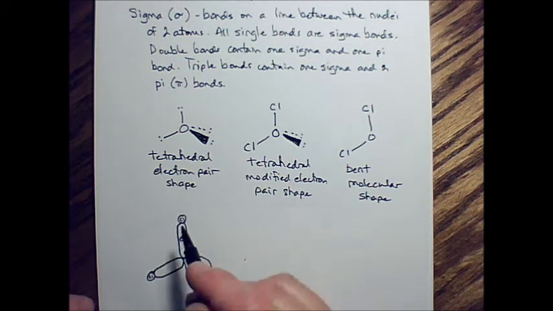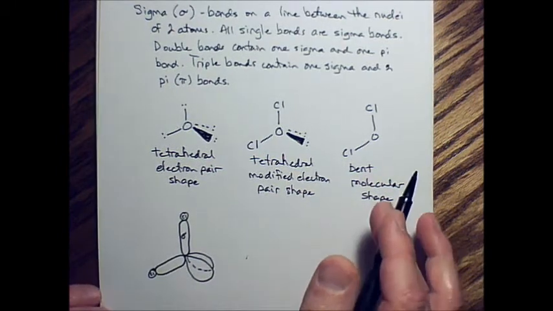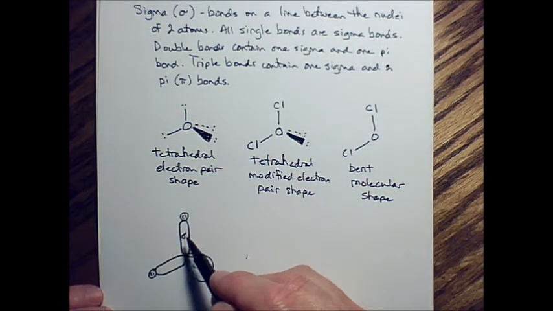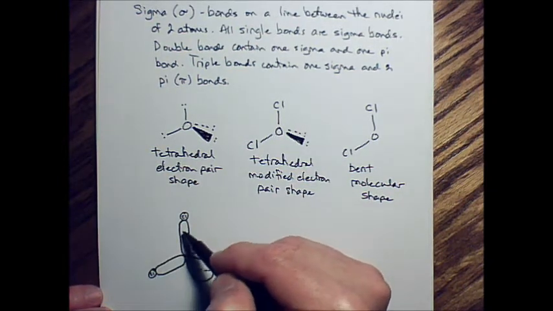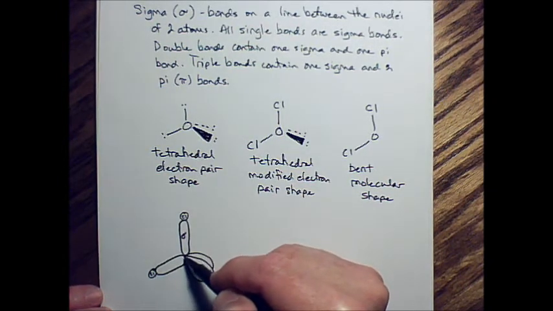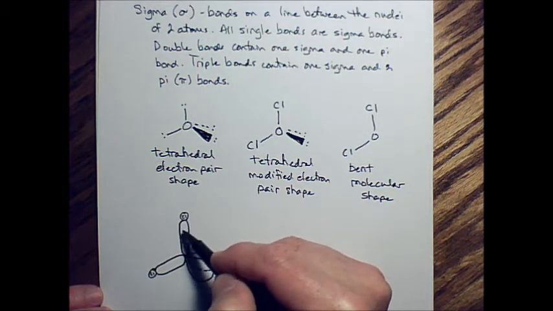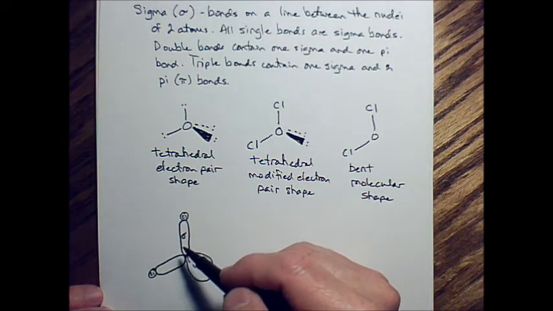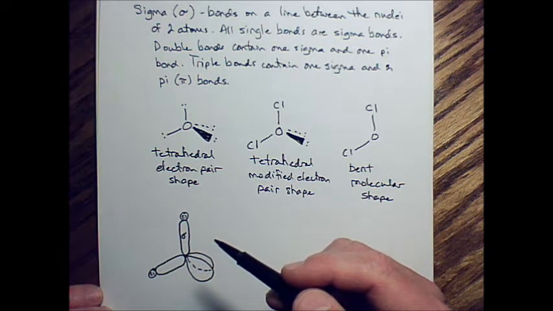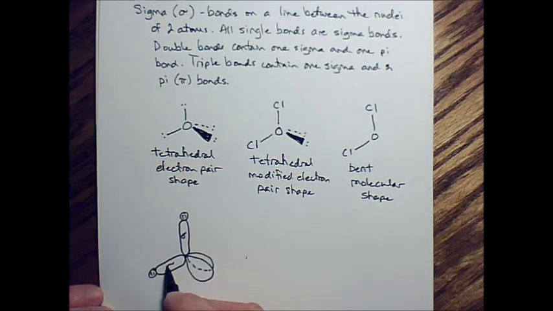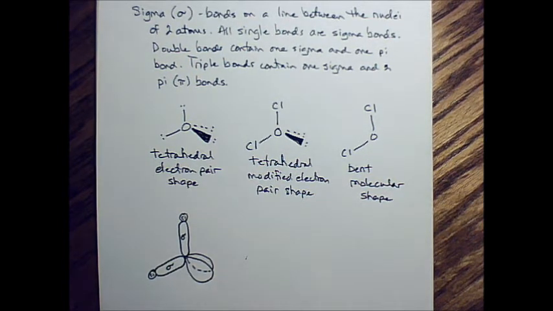Remember, a bond, or a covalent bond anyway, you share two electrons and you also are sharing the orbitals those electrons are in. And when you share two orbitals, one from the chlorine and one from this oxygen, then you get a bond shape. Okay, sort of a wiener shape. Okay, everybody got that? So these are sigma bonds because they're directly on a line between two nuclei.